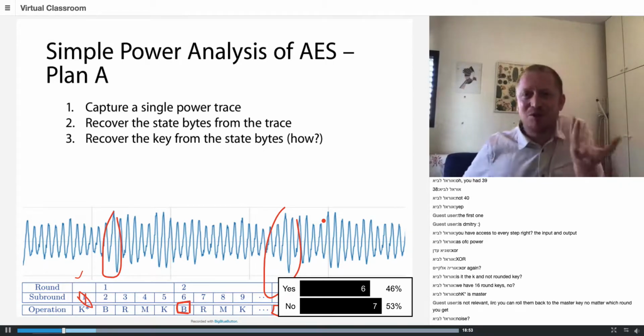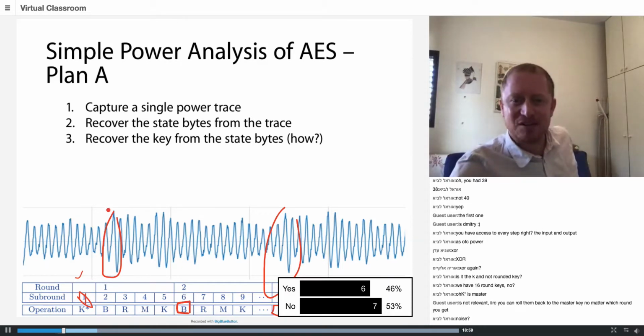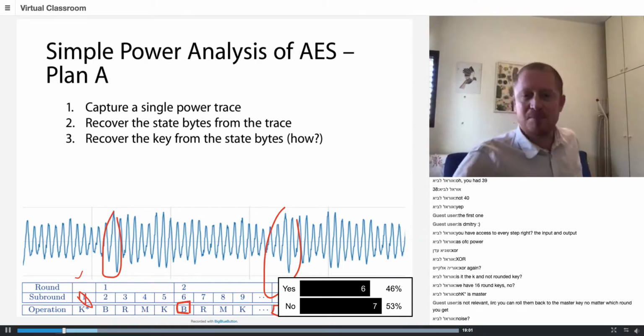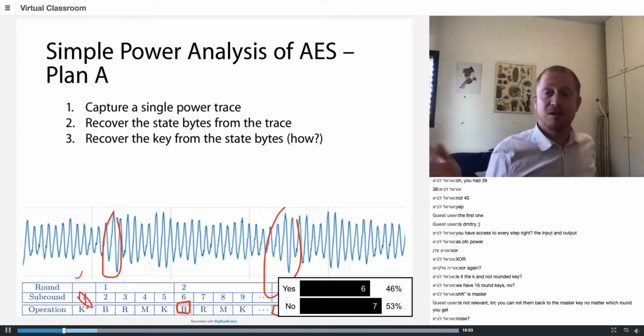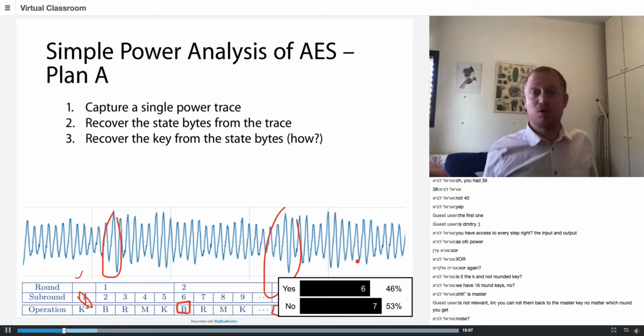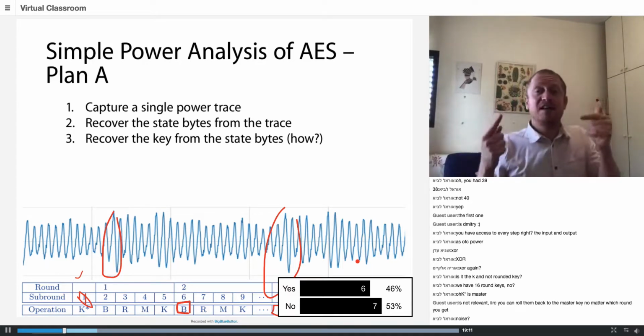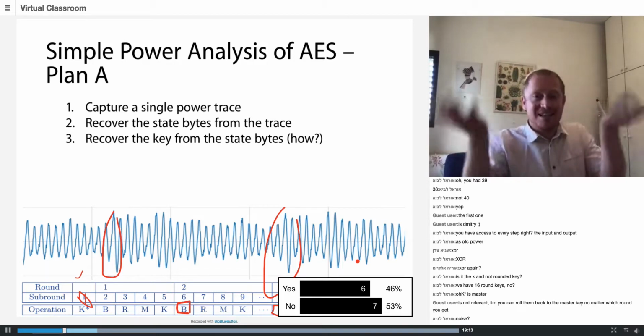But we don't know when. So as you did here, we don't know that this kind of funny peak is actually sub-bytes. It could be something else. It could be that the encryption is only starting here somewhere. We don't know that yet. So we have a very difficult signal processing task of getting these leaks out of the trace.